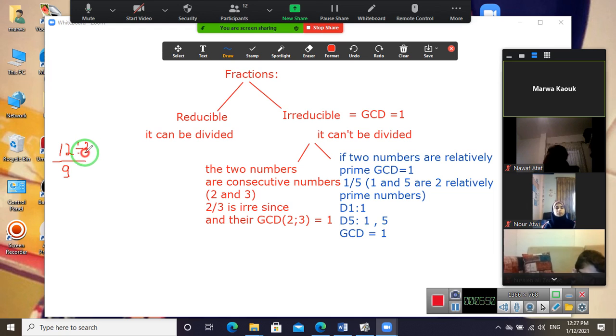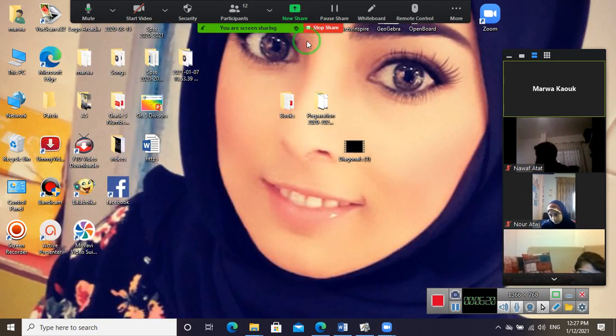The 12 can be divided by 3 and 9 can also be divided by 3. Now I will get 4 over 3. If you look at 4 over 3, we can say it is irreducible. Why? Since 4 and 3 are two consecutive numbers.